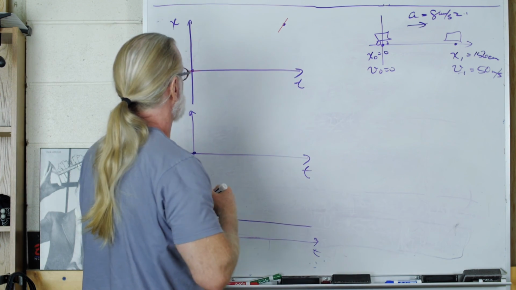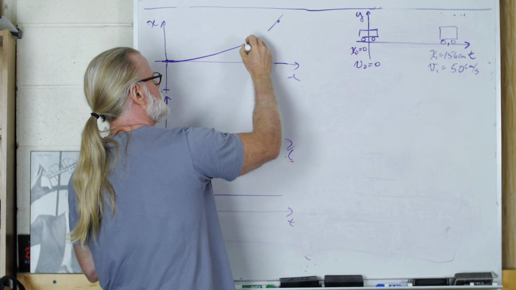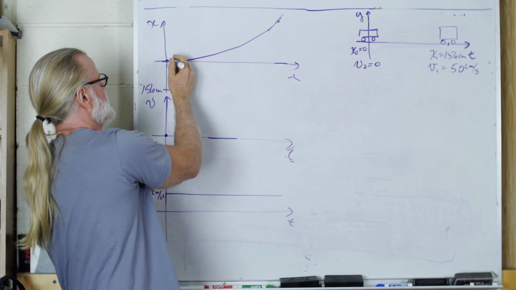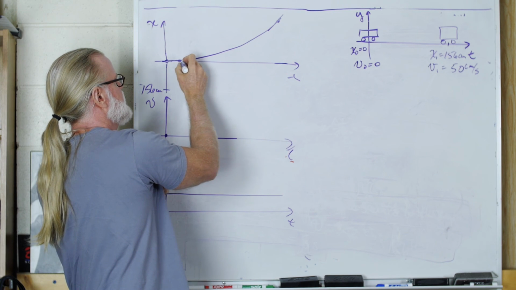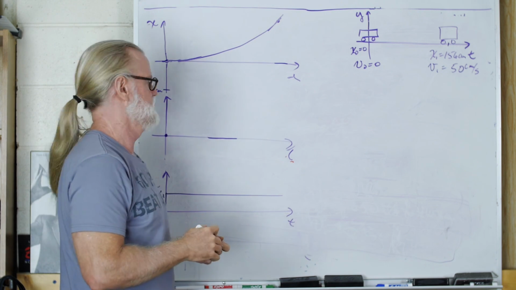So the only way would be a curve, sort of like that. Should have gone kind of flat here. Slowly gets speed and goes up like that.